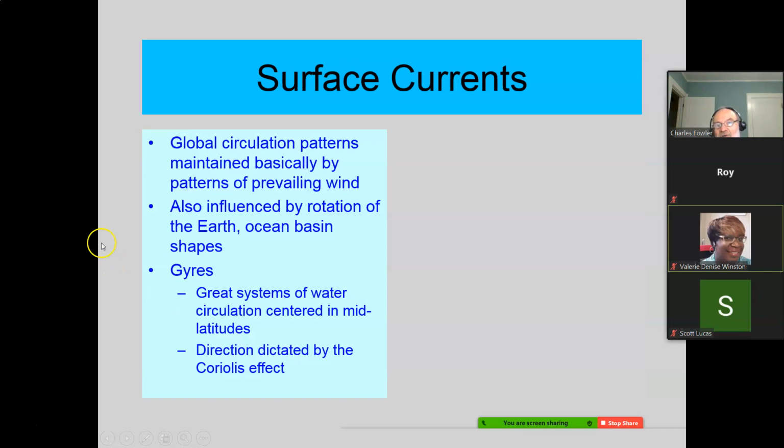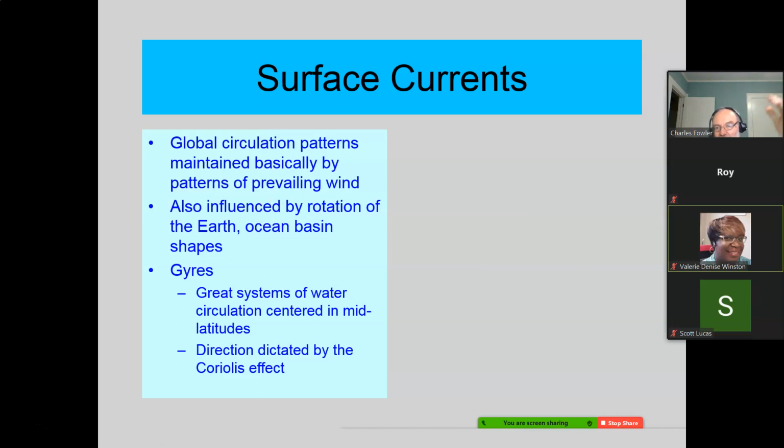Your surface currents are the ones that are more affected by wind. The global circulation patterns are maintained basically by patterns of prevailing wind. Now, I don't think that's everything about it, but at least that's the biggest contributor. Here's the other parts, also influenced by the rotation of the Earth and the ocean basin shapes.